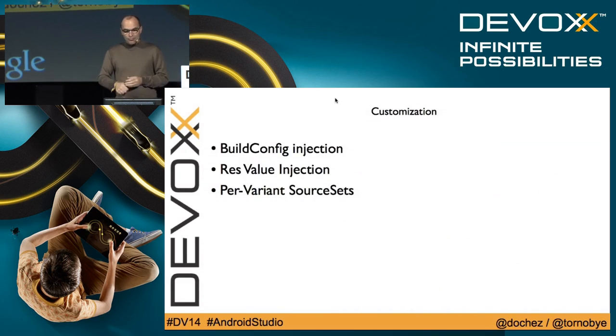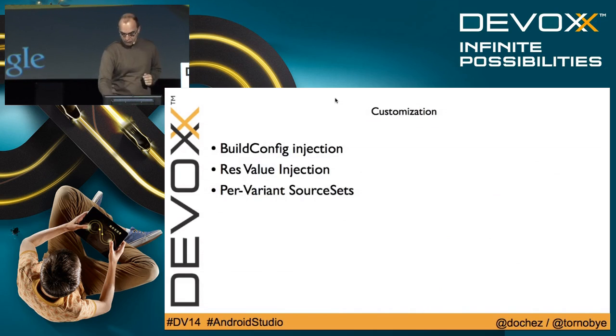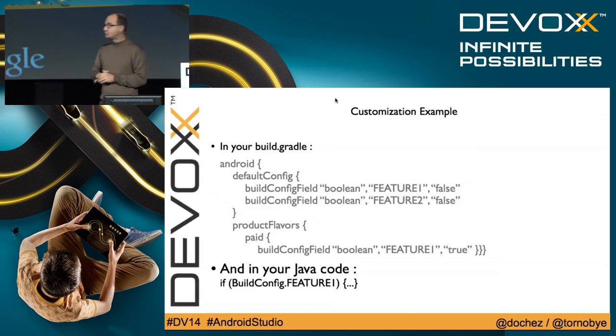All right, so more build config injection. As you may have guessed by now, I'm French, and we are naturally lazy. But not everyone is like this, and some people want to be able to do things easily. Sometimes all this flexibility of flavors and build types and whatnot is too difficult for people, and I understand that.